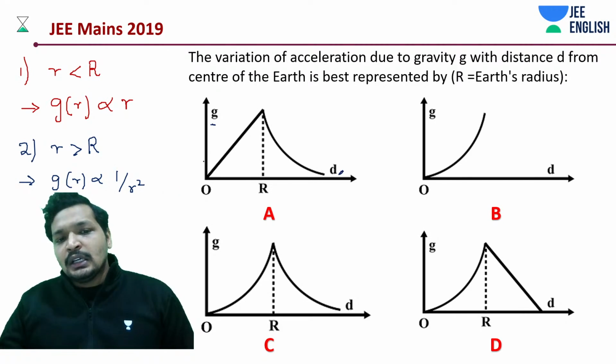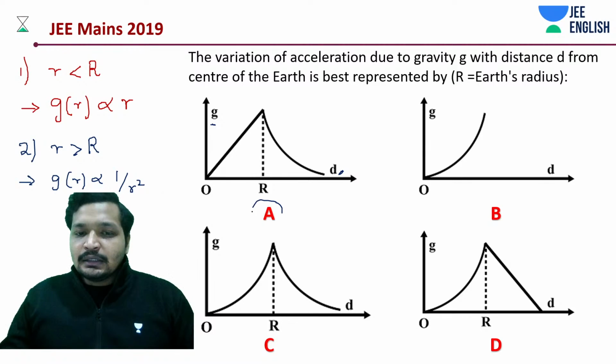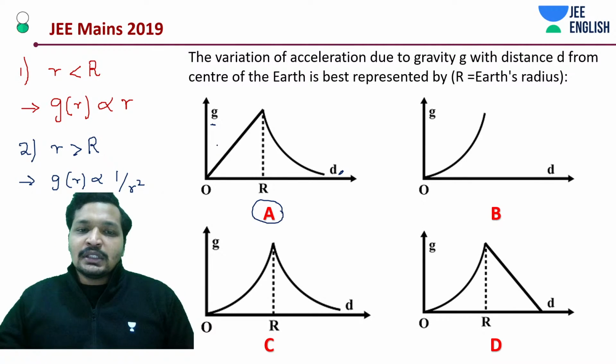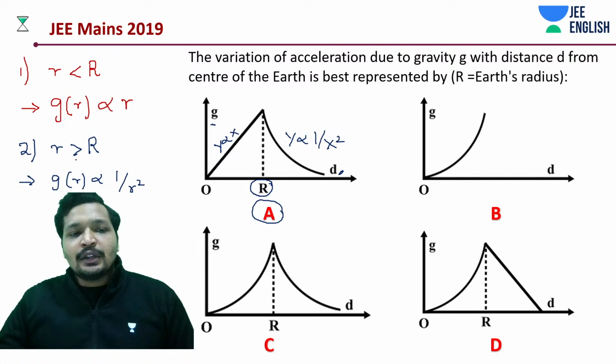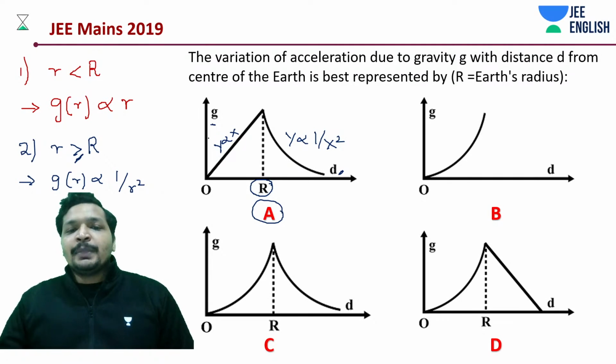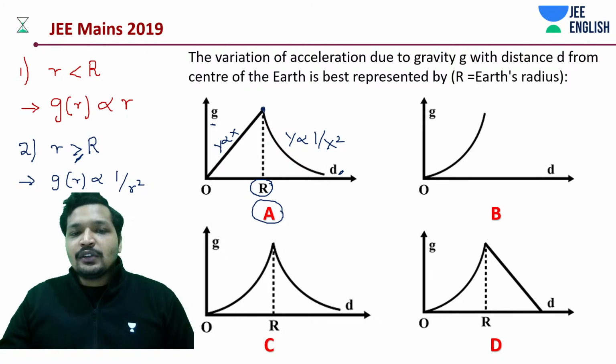Distance here. Answer A itself is correct. Here it is y is proportional to x. What do we have over here? Y is proportional to 1 by x square. And where it stops? At r. Rather, you can just keep it like this, and you will get. Actually, the peak value would be this, always on the surface.